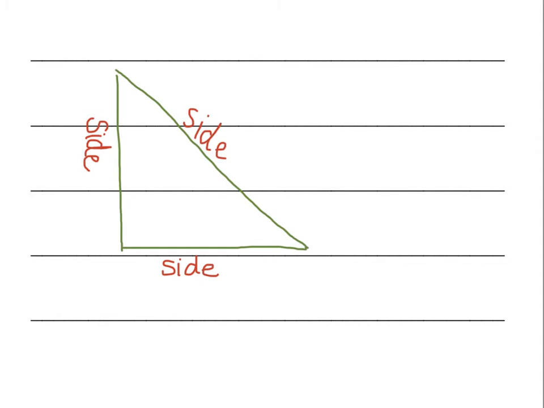And then wherever sides meet, you have a vertex, or again, if there's more than one of them, vertices. So this is a vertex, and up here another vertex, and over here a third vertex.